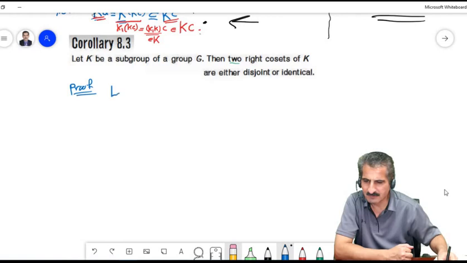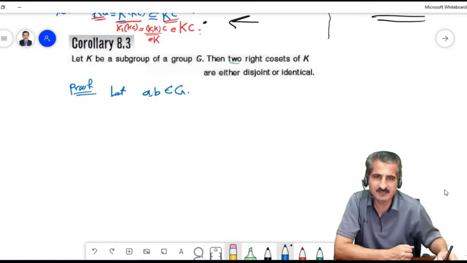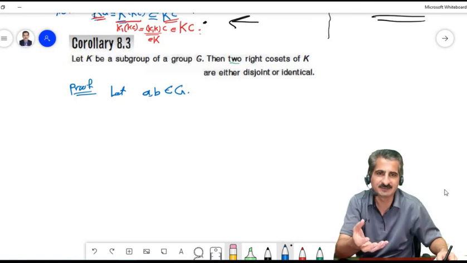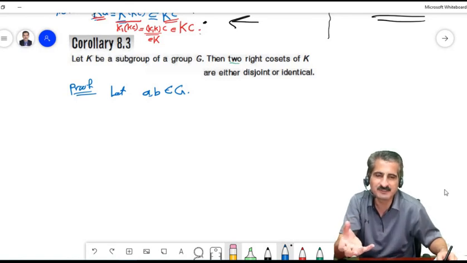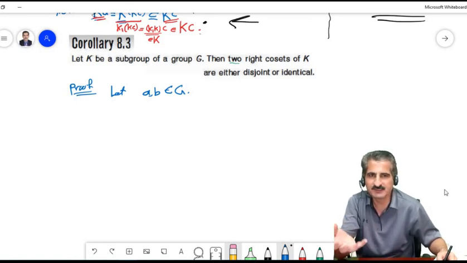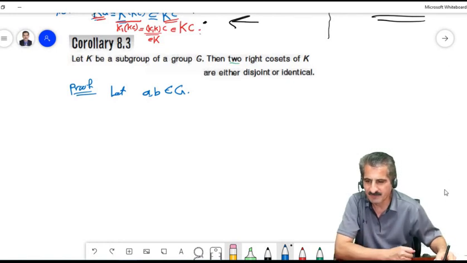So let a and b belong to G. Because right cosets are formed using a subgroup and an element, two right cosets means a right coset of a and a right coset of b.